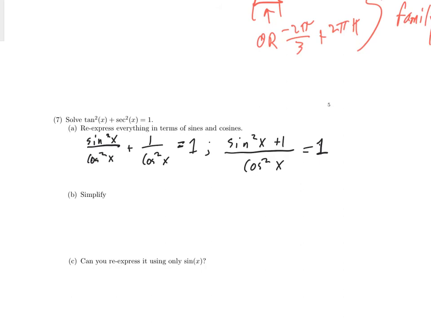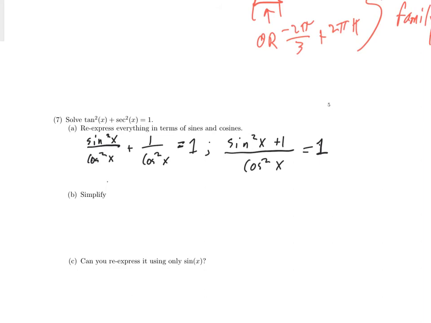I know it says to simplify down here, and what I just did was a bit of simplification, but that's okay. Let's keep on simplifying though. I see a fraction on the left-hand side of that equation, and it's annoying to see a fraction there.